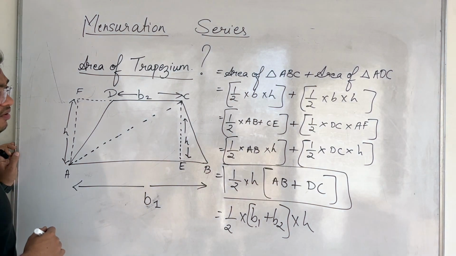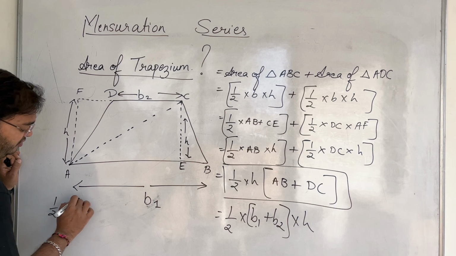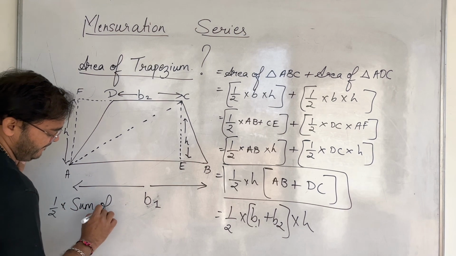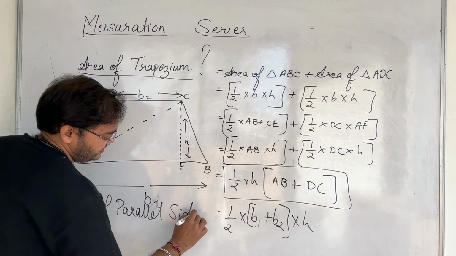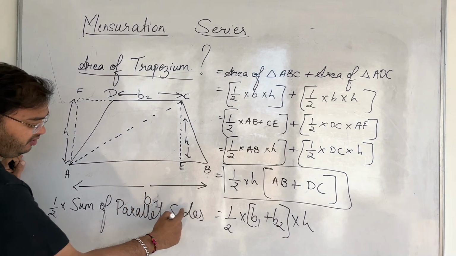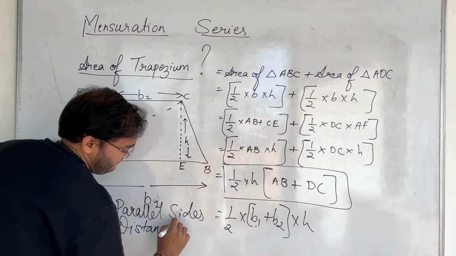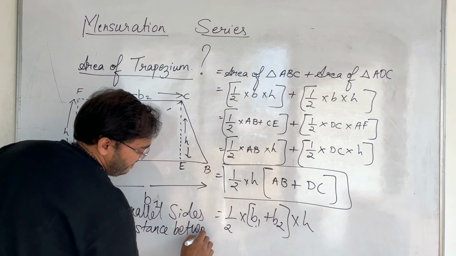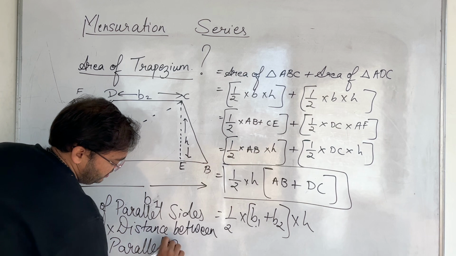In word form, you can also say that the area of a trapezium is equal to half into the sum of parallel sides into the distance between parallel sides.